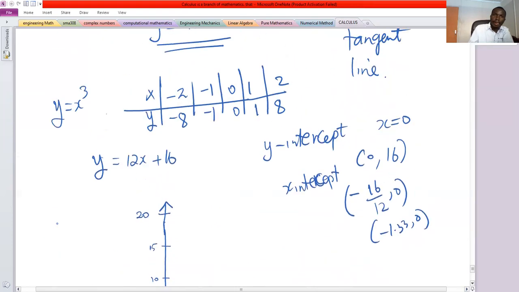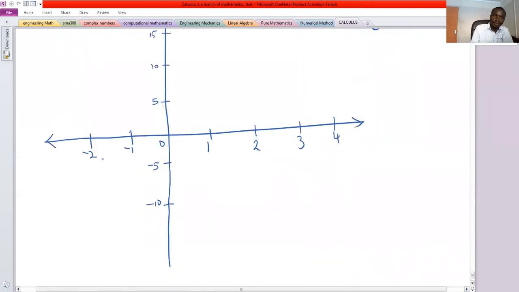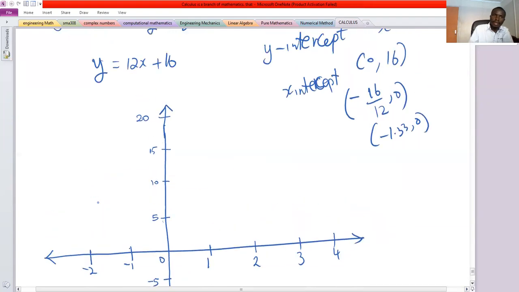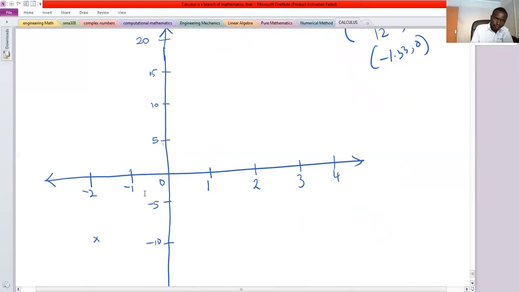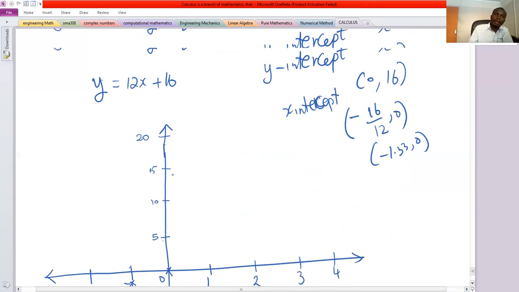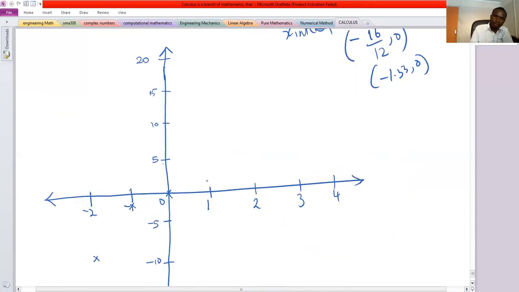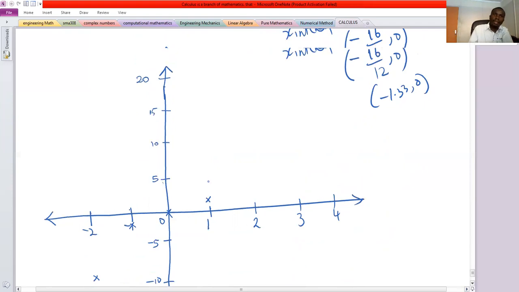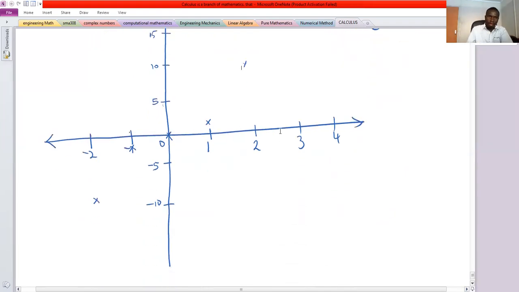So when minus 2, minus 8, so I have some point here, minus 1, minus 1, 0, 0, 1, positive 1, and then 2, 8. So this would be the graph.